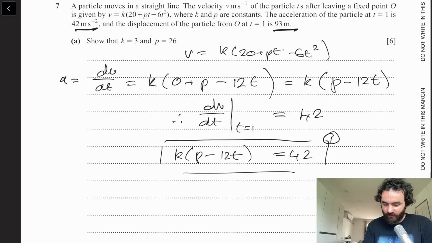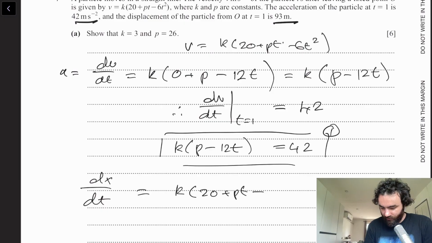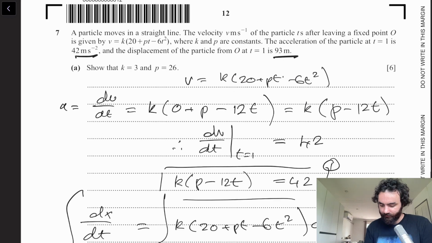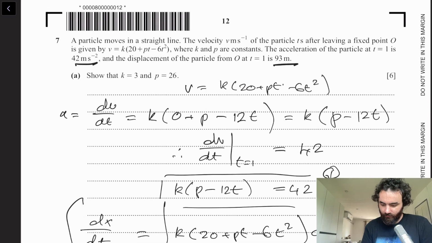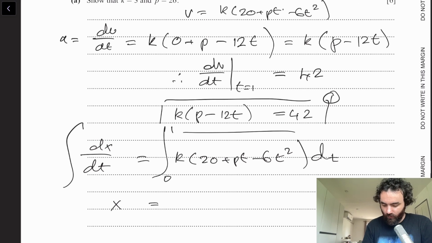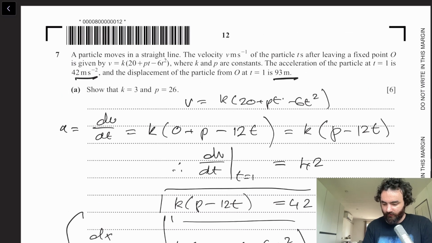And then with the displacement one, v is dx by dt equals k of 20 plus pt minus 6t squared. If we integrate both sides, we get the displacement, which is x, and it says the displacement of the particle from 0 at t equals 1 is 93. So this thing evaluated from 0 to 1, so at t equals 1, will give us the displacement of 93.